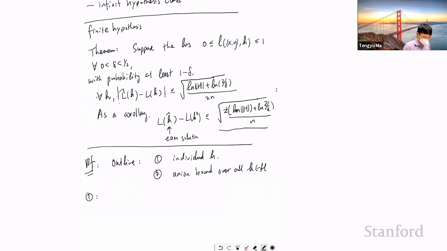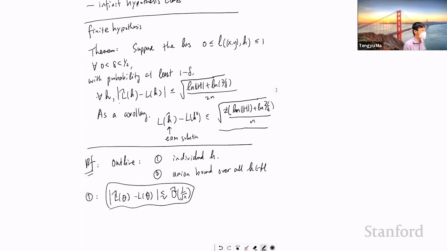Recall that last time we have done this already for fixed theta. So here I'm just doing it a little bit more formally. Last time we used the Hoeffding inequality to get something like L hat theta minus L theta being on the order of 1 over square root n. That's what we did somewhat informally last time.